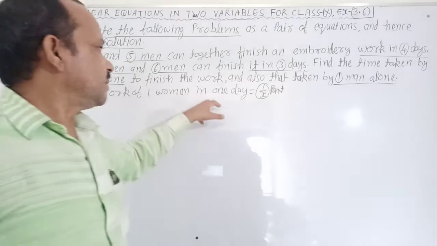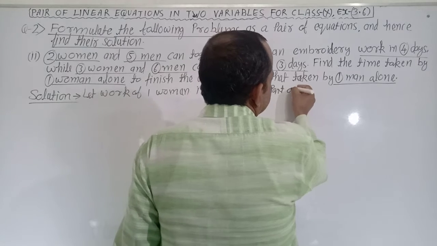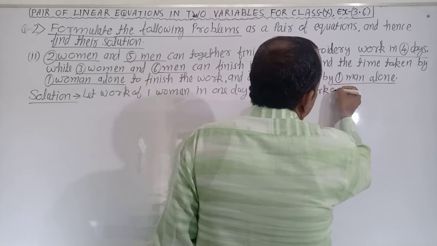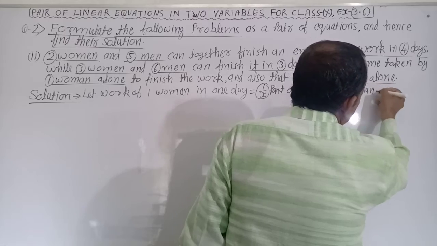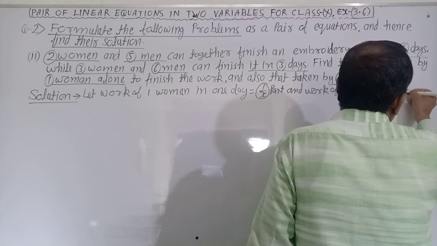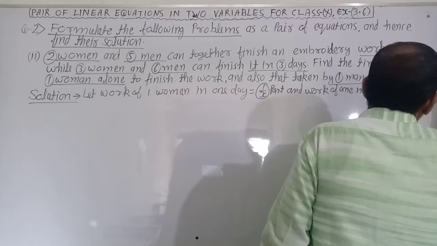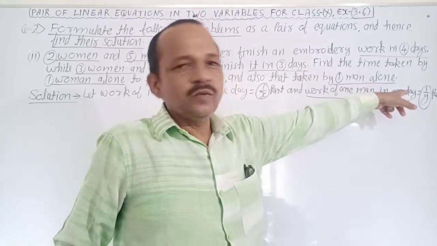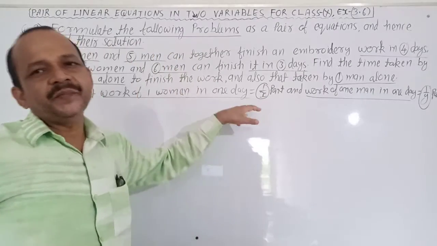Work of one woman in 1 day equal to 1 by x part, and work of one man in 1 day equal to 1 by y part. Clear? Work of one man in one day, 1 by y part. Work of one woman in one day, 1 by x part.